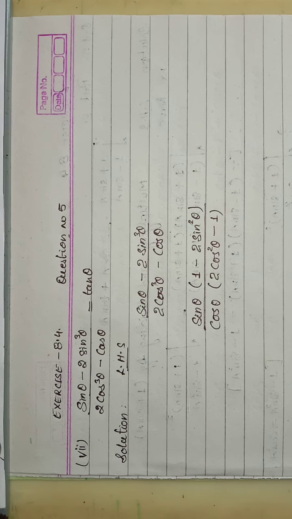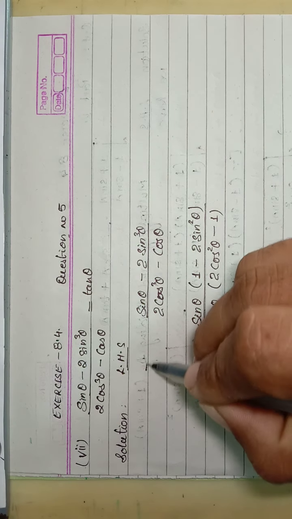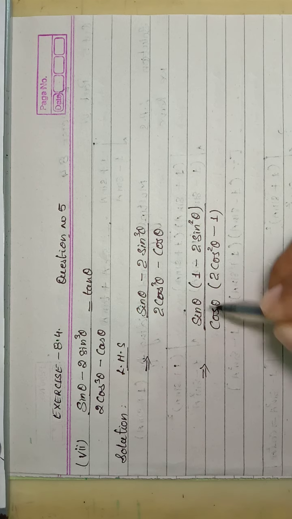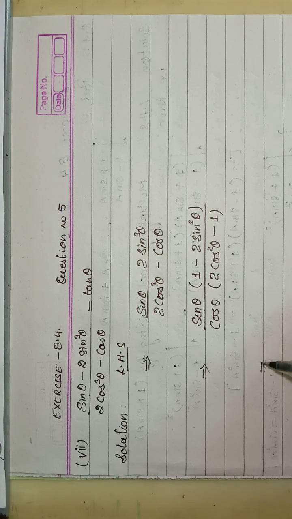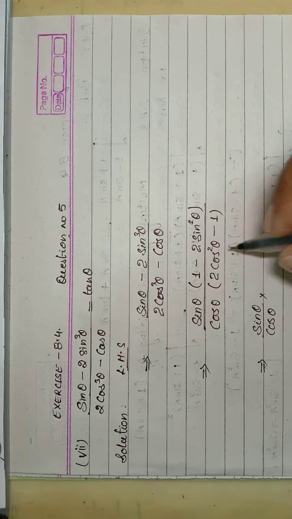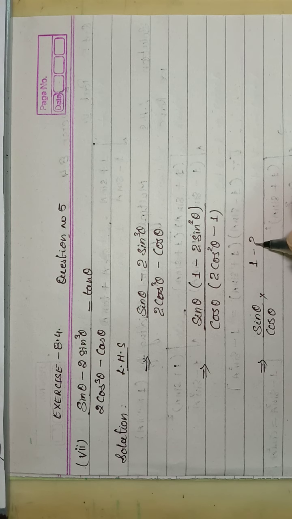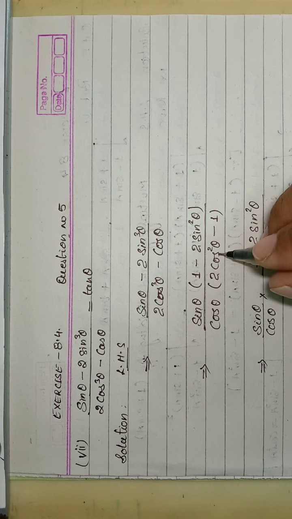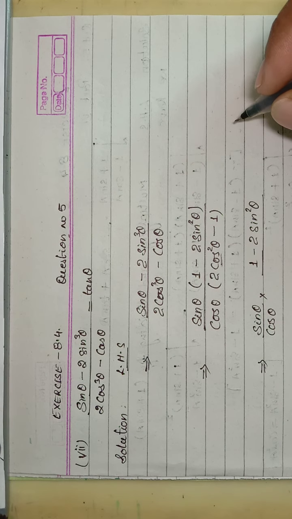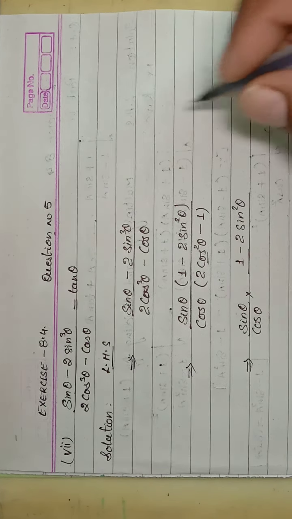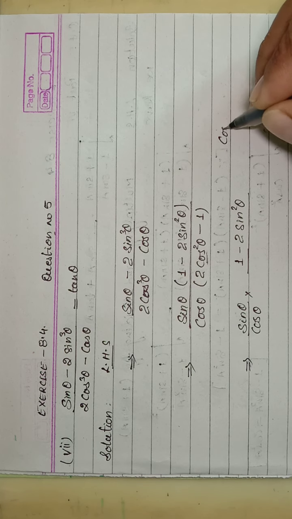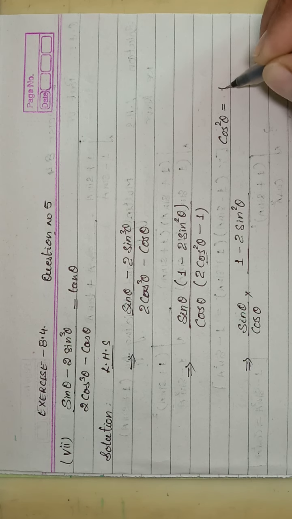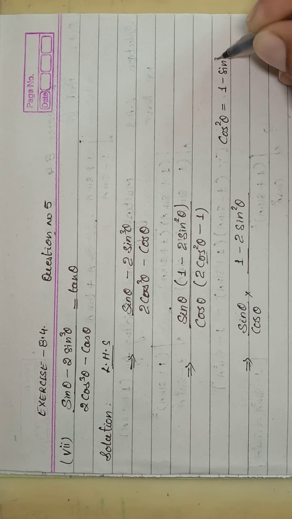Understood? So this is our first step, and if we take sine upon cos separately, you can write sine theta upon cos theta multiplied by 1 minus 2 times sine square theta. In place of cos square theta, you can see that cos square theta is equal to 1 minus sine square theta.